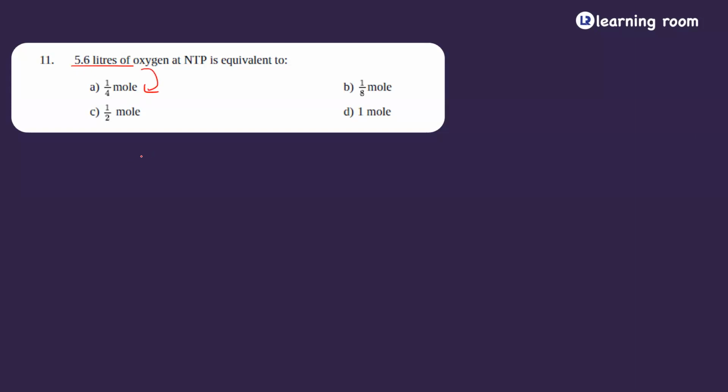What is the relation between volume and moles? 22.4 liters. 1 mole of any gas at STP or NTP occupies 22.4 liters. Right? So 1 mole occupies 22.4 liters.